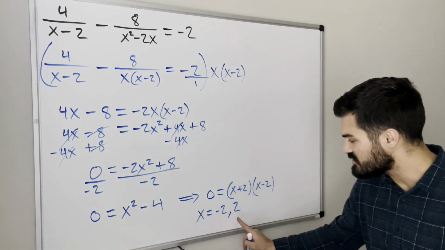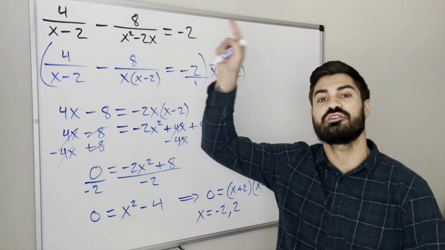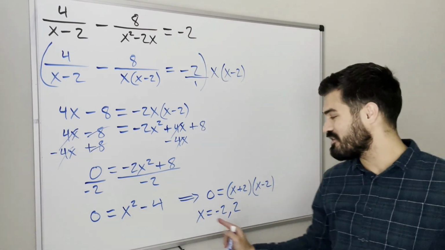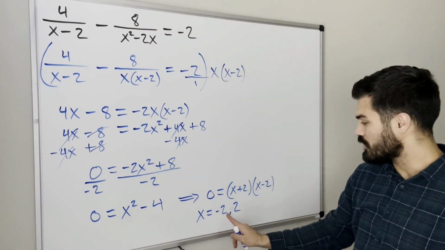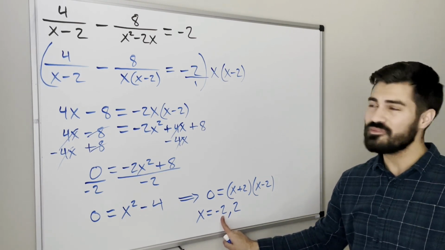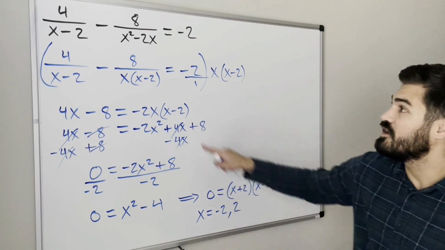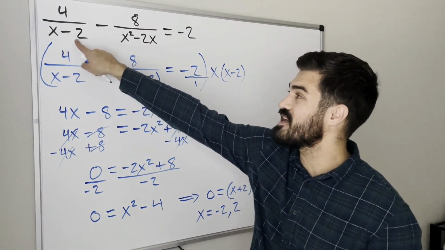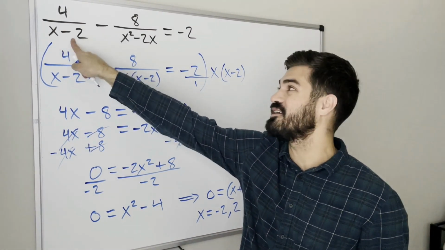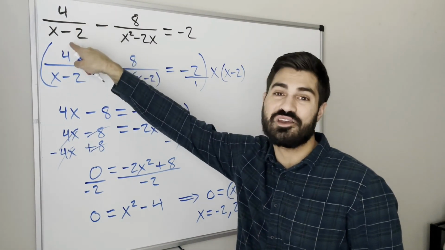So are these necessarily solutions to the original equation? Not necessarily. Now is when we have to go back in and check. We're going to plug each number in, and what turns out is that when we plug in +2, we get 2 minus 2, that's 0 in the denominator here. 4 over 0 is not defined.